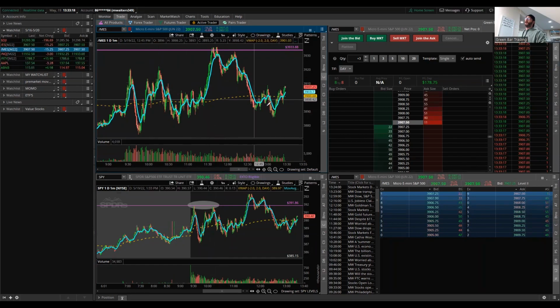And this dotted line here is VWAP. And you can see it's just all over VWAP. That's just the volume weighted average price. And it's just all over it. That means there's a lot of indecision right now in the market. Very choppy. This is very choppy if you didn't have these key levels on your charts before you traded.